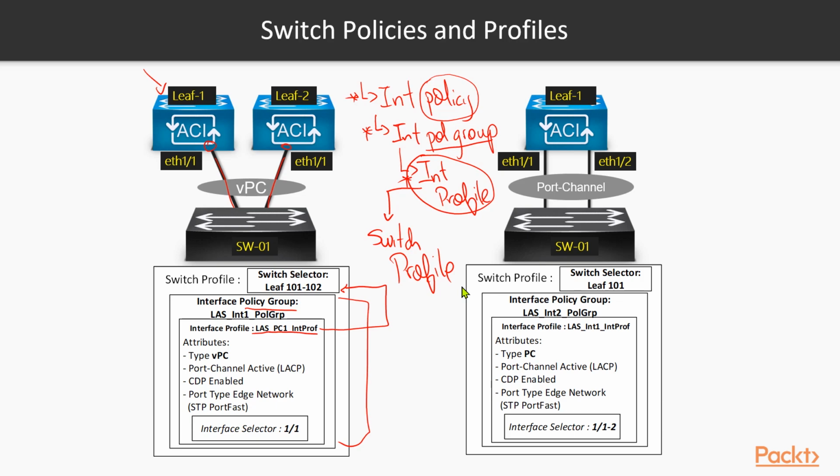So I forgot to mention on our previous video, we configured a VPC, we configured a port channel. If you need just to configure a simple interface, not a port group, not a port channel, not a VPC, it's going to be an access port, which is basically what we all know. And the access port, you find that attribute inside the policy group, you just select type to be an access.